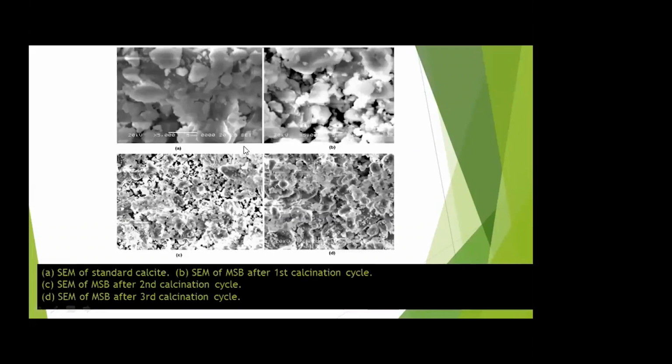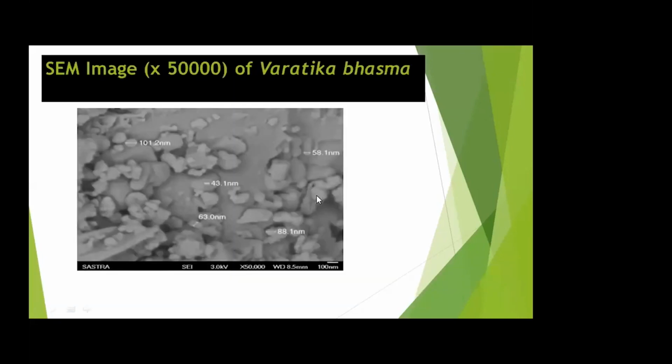Here, SEM of standard calcite is compared with the scanning electron microscope image of Mukta Bhasma of the first, second and third puta. This is a very beautiful image of Varatika Bhasma at a good magnification of 50,000x.